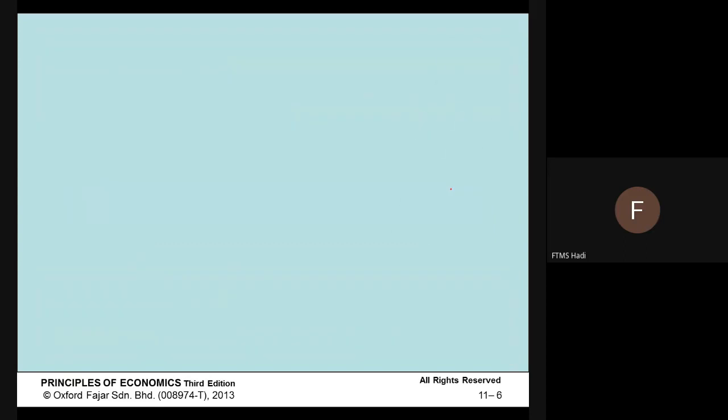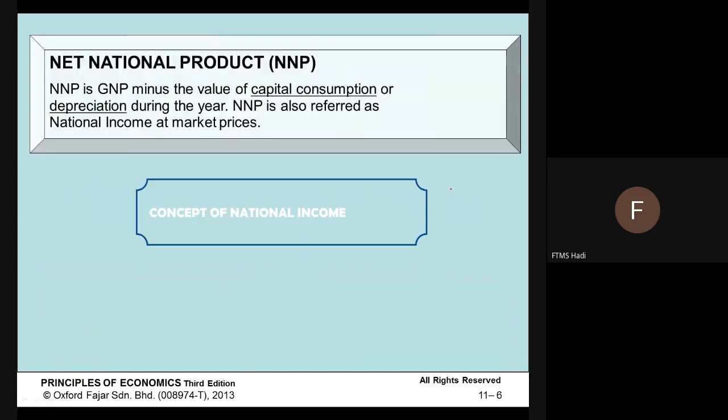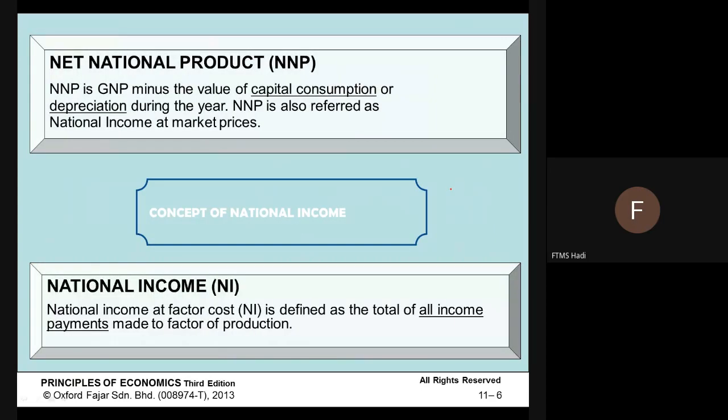We have net national product, NNP. Net national product is GNP minus the value of capital consumption or depreciation during the year. NNP is also referred to as national income at market prices. In Malay, pendapatan negara pada harga pasaran yang sebenar. To calculate NNP, it is GNP at factor cost minus depreciation.